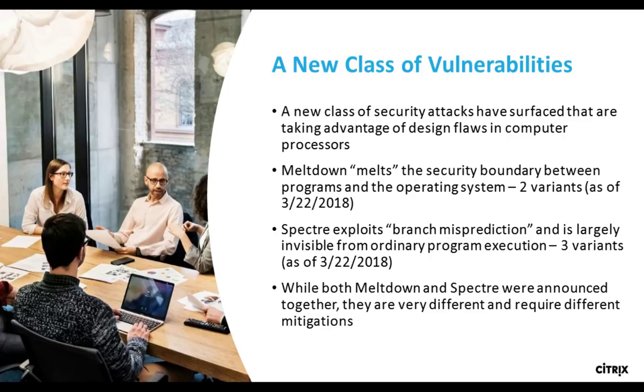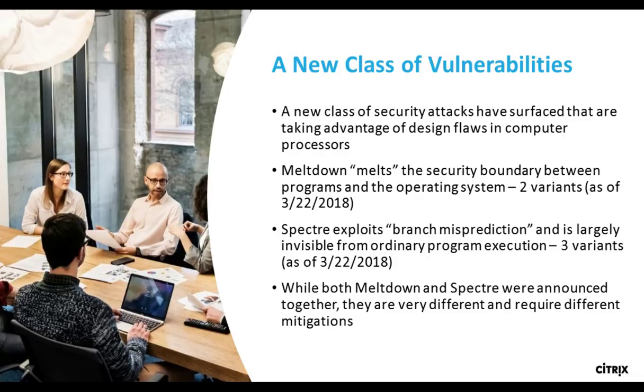For Spectre, at this moment, we have 3 different variants. This exploits branch misprediction, which means it's largely invisible to normal programs. Traditional antivirus is definitely not going to help. You probably saw before that we have 1 variant of Meltdown and 2 variants of Spectre.